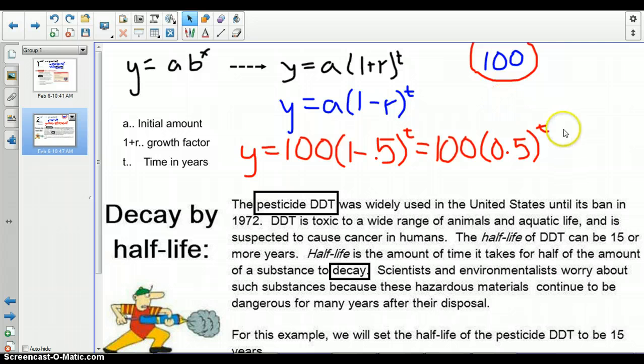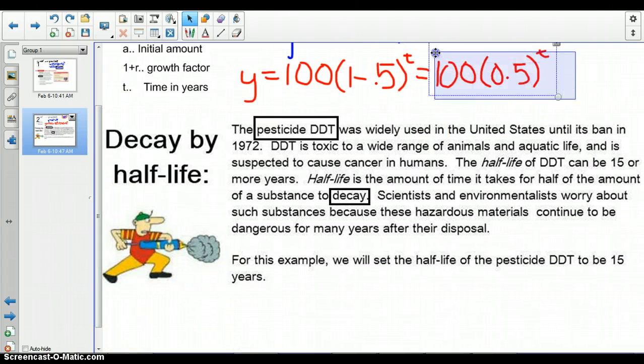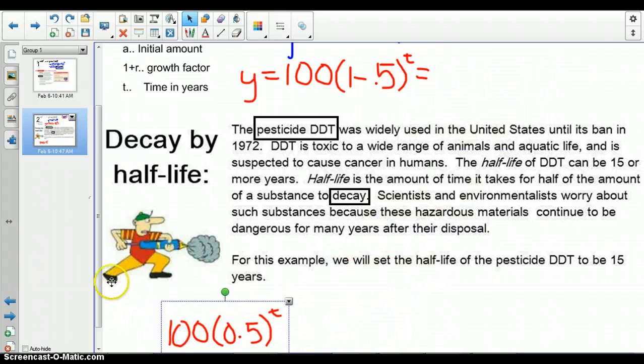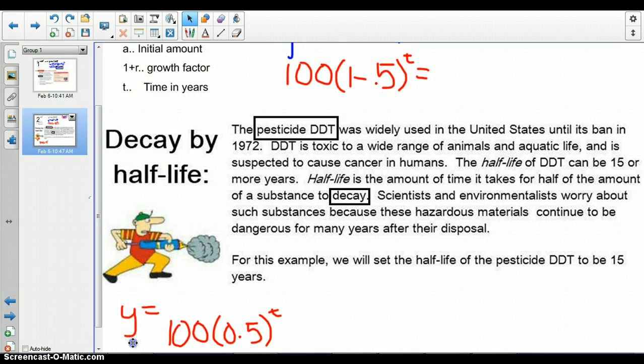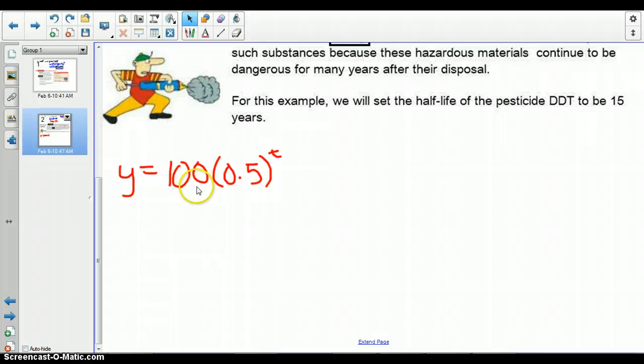So let's take this and work with it a little bit. We started off with 100 grams of DDT. How many grams were left after one cycle? Notice the change.